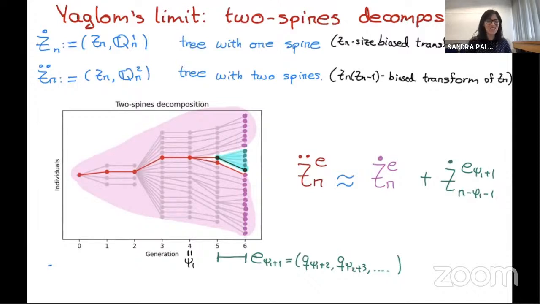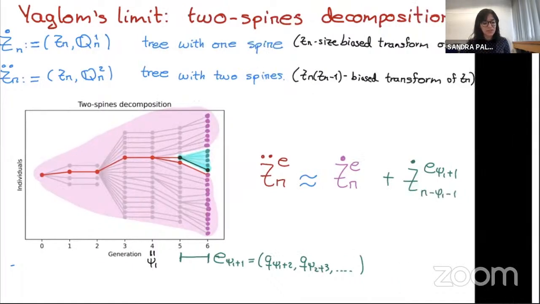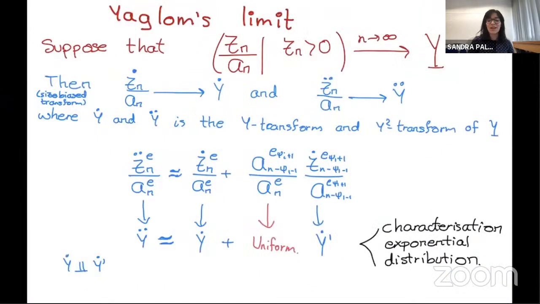For a moment, suppose that Z_n over a_n, conditional on survival, converges to a random variable that we don't know what it is. It's this Y that is unknown.